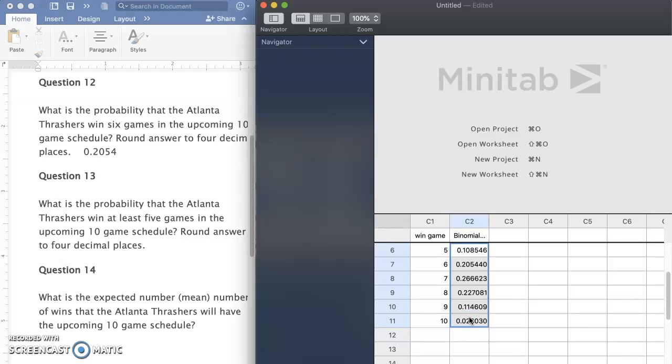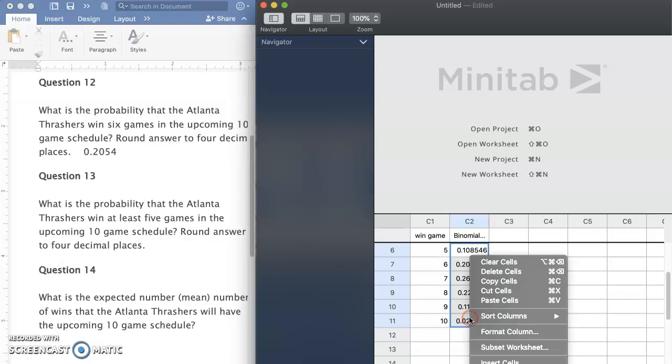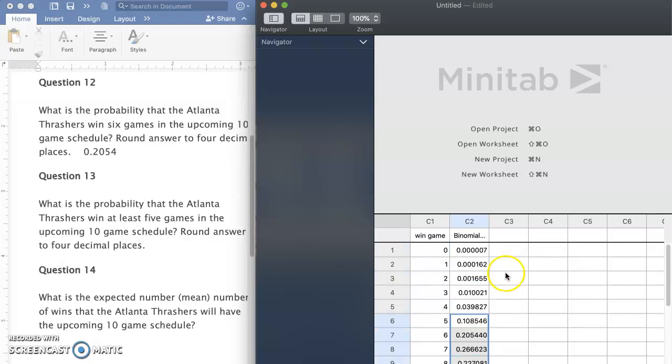So what I like to do is come grab them and right click and click copy, and then I put them in those ones that I'm going to total up. I paste them there. So let's make sure it did that right. Actually, I'm going to just put them over a couple so that's not confusing. So make sure it put the right ones in. So 5, 6, 7, 8, 9, and 10.